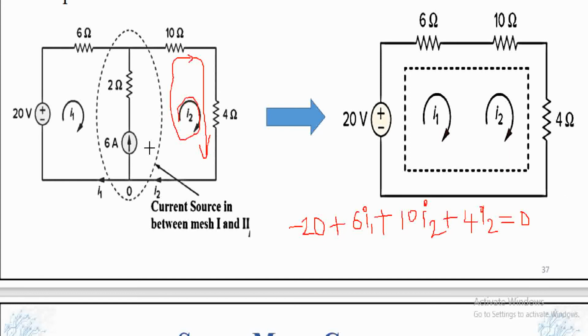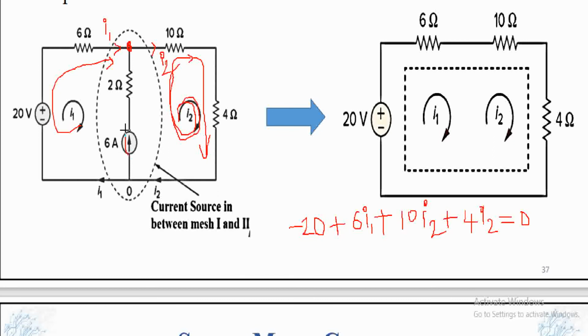Then it requires KCL. Here it is the I1 current, because it is related to mesh 1, and it flows like this. So in this branch the current is I1. Next, here it is I2, this current. Now apply KCL at this point.